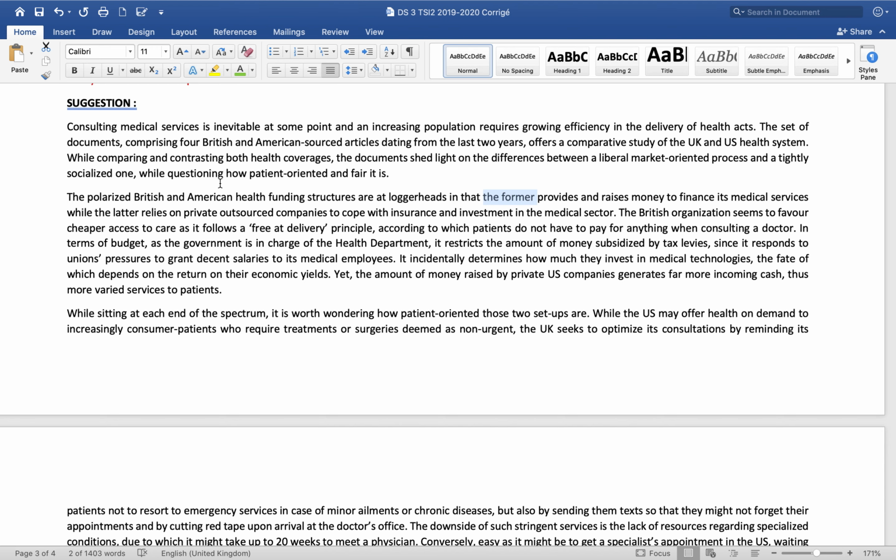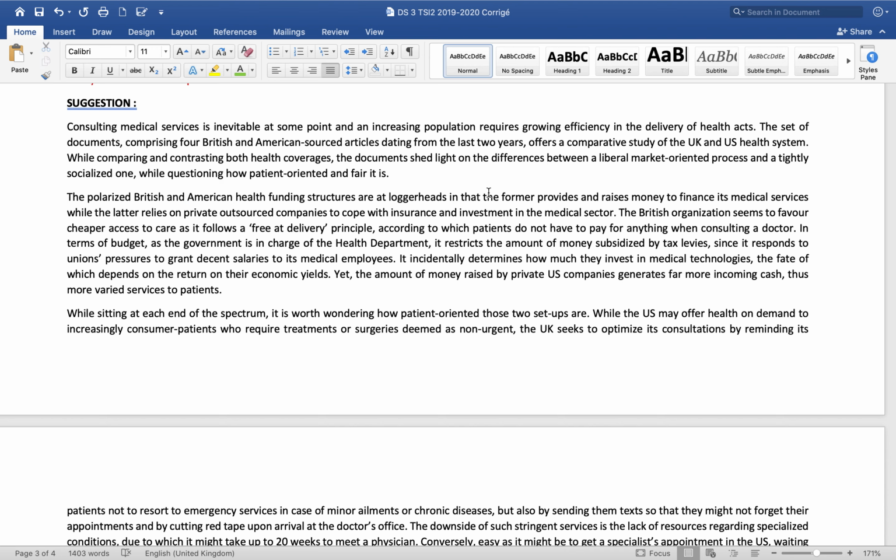I refer to the first element of the sentence, which is British. So the former provides and raises money to finance its medical services, while the latter, the second part of the sentence I've mentioned, American, relies on private outsourced companies to cope with insurance and investment in the medical sector.